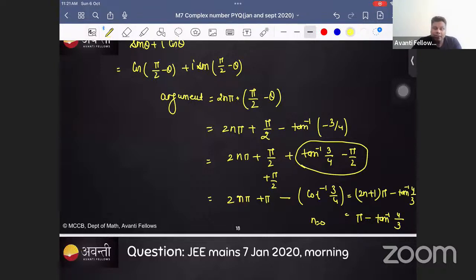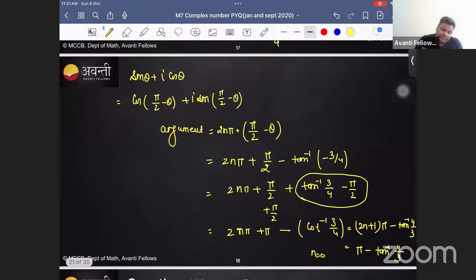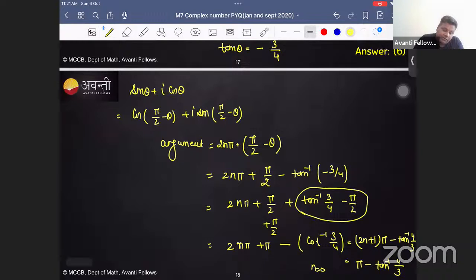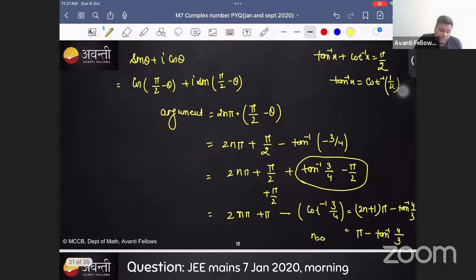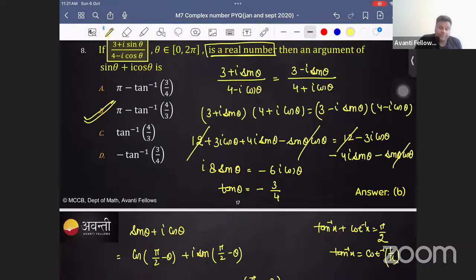The properties which I have used are tan inverse x + cot inverse x is π/2. You are not aware of this property, I think. Another property that I have used here is tan inverse x is cot inverse 1 by x. These are the two properties which I have used here. So the answer is π − tan inverse of 4 by 3. Got it?